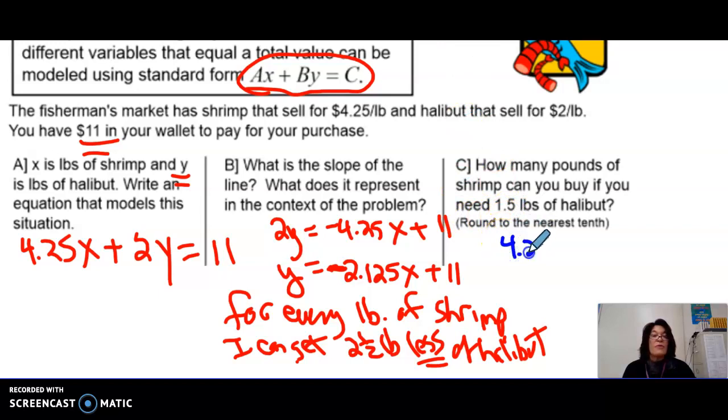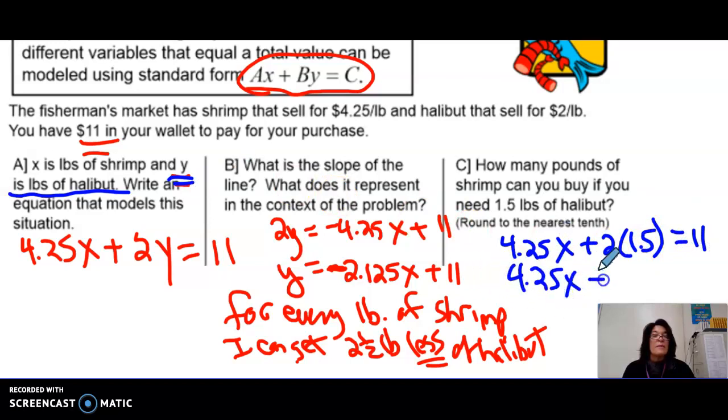So then I have 4.25x plus 2 times 1.5 pounds of halibut. Remember, y is the number of pounds of halibut, right? Equals 11. So 4.25x plus 2 times 1.5 is 3. I subtract 3.